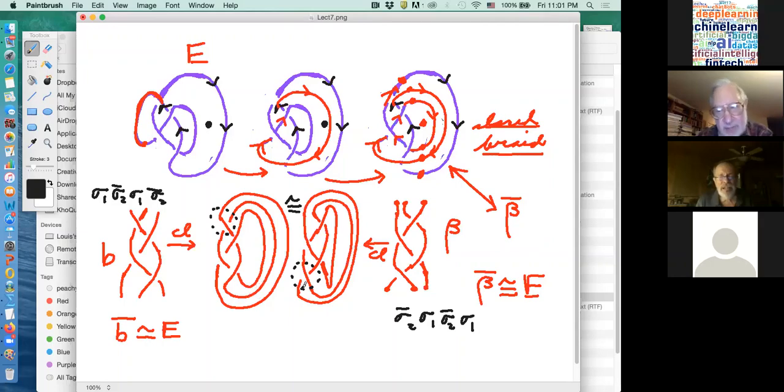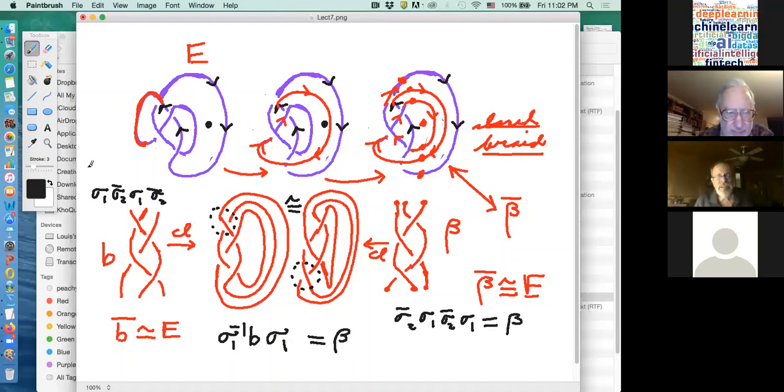And there's an algebraic way of saying that. I conjugate B by sigma 1. Sigma 1 inverse B sigma 1 is equal to beta. This is beta.